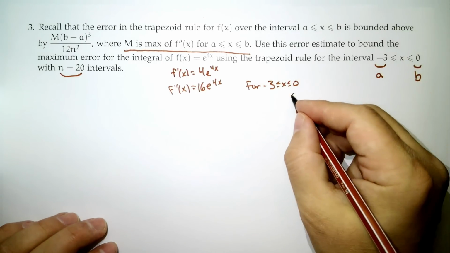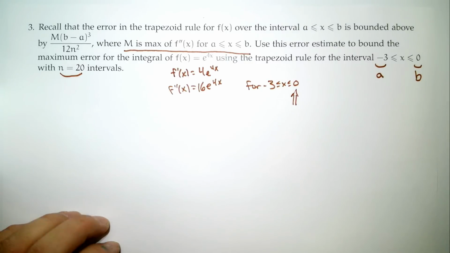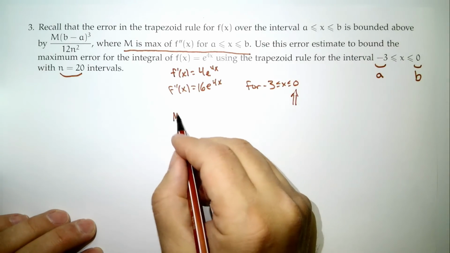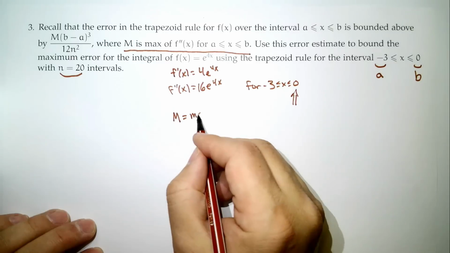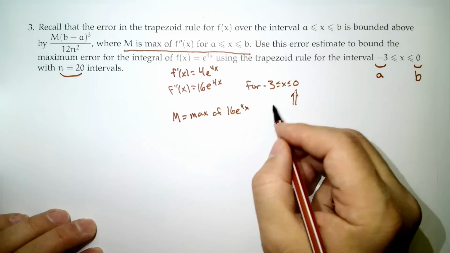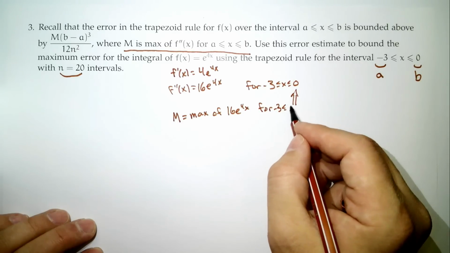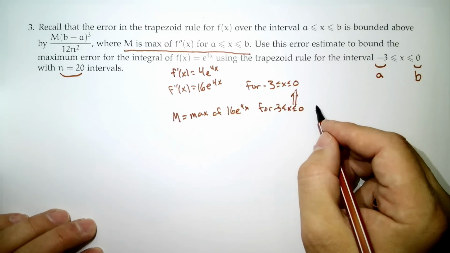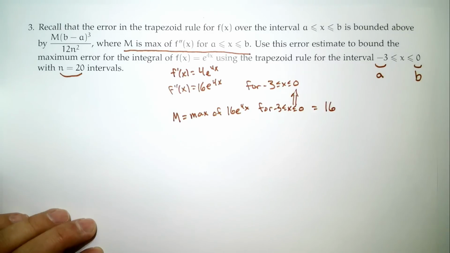The max value will occur at 0. Because otherwise, I'm going to have e to a negative number, which is smaller than e to the 0, which is 1. So this M, which is going to be the max of 16e to the 4x for negative 3 less than or equal to x less than or equal to 0, is going to be 16. So I can choose M equals 16.